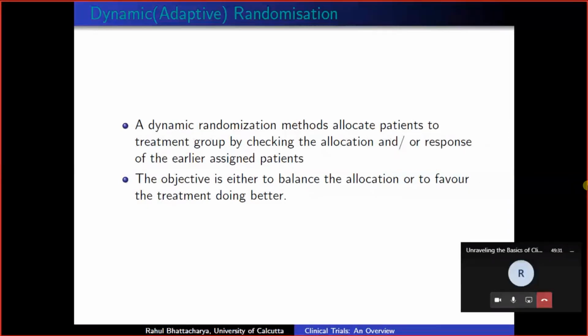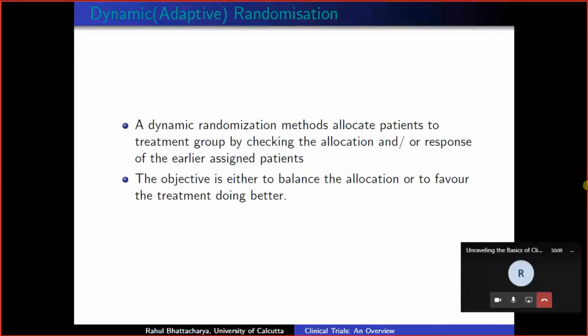Maybe 50 patients are assigned in the trial and 50 responses are available, and you find that treatment 1 is assigned to 30 patients, and treatment 2 is assigned to 20 patients. Among the 30 patients assigned to treatment 1, 25 patients are cured, and among the 20 patients assigned to treatment 2, only 5 patients are cured. So this definitely indicates that treatment A is doing better in the trial.